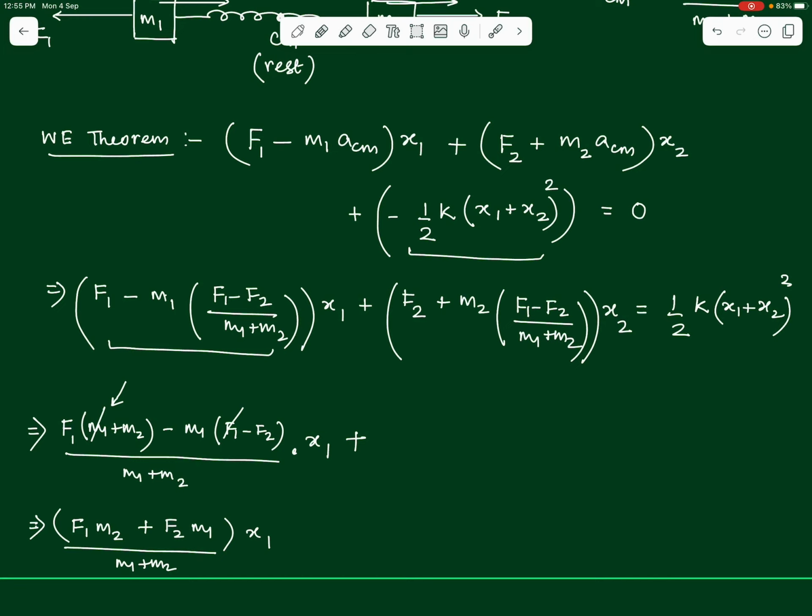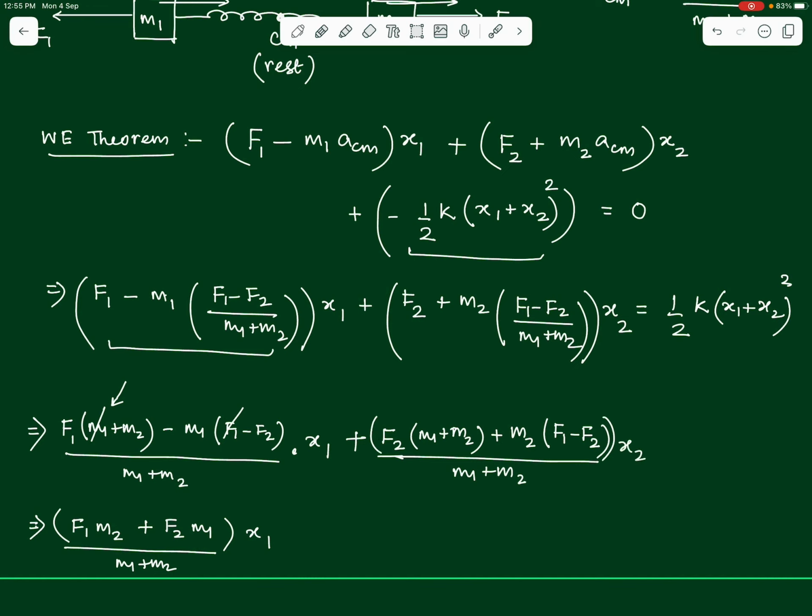Similarly, when we solve the second term, on taking LCM, we will have F2 into m1 plus m2 plus m2 times F1 minus F2, whole divided by m1 plus m2, and this whole thing times x2.